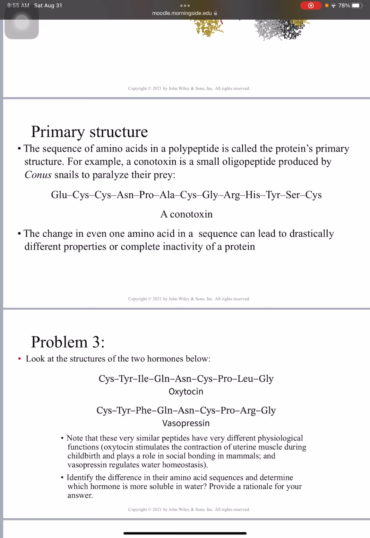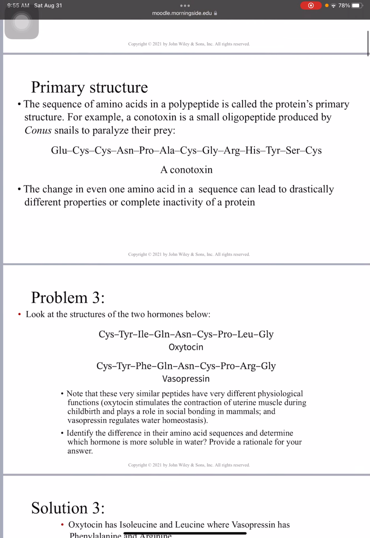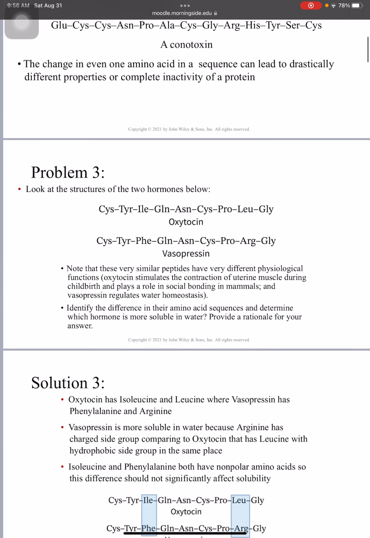All right, just a couple of examples. Here's a couple of peptides. Each of these is going to be 9 amino acid residues long. These are a couple of hormones present in the human body. One of them is called oxytocin. That's going to be the one on top.